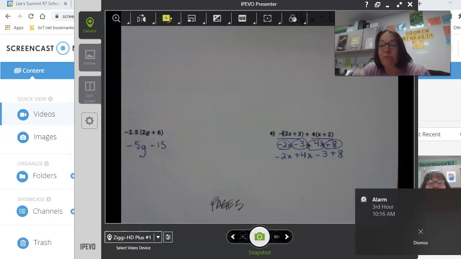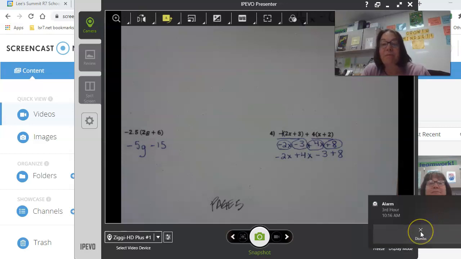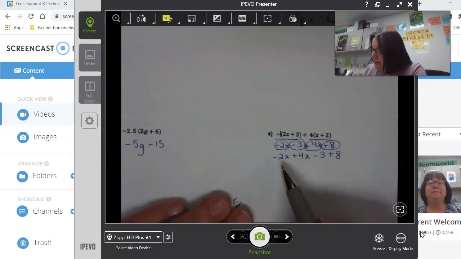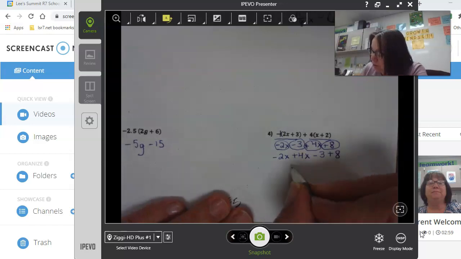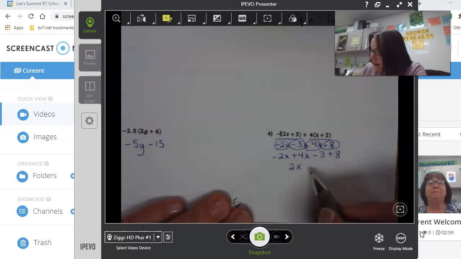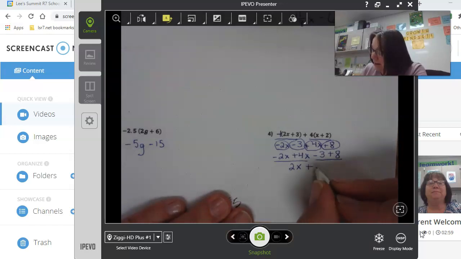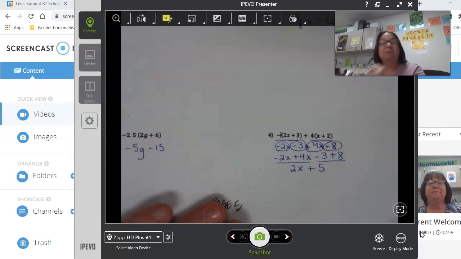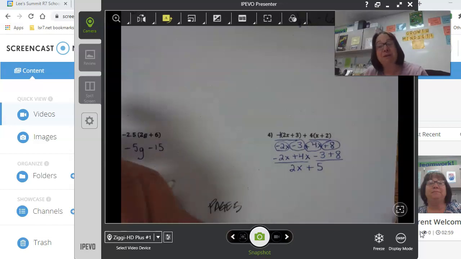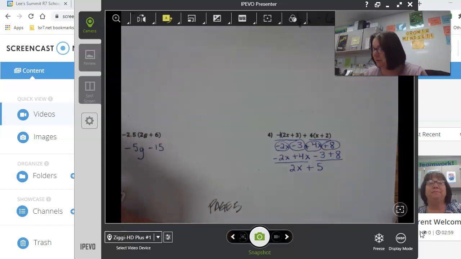Now I can go ahead and combine these. Negative 2 plus 4 would be a 2x, and then I have negative 3 plus 8 would be a positive 5, and my final answer is 2x plus 5. Or I have simplified that expression into 2x plus 5.